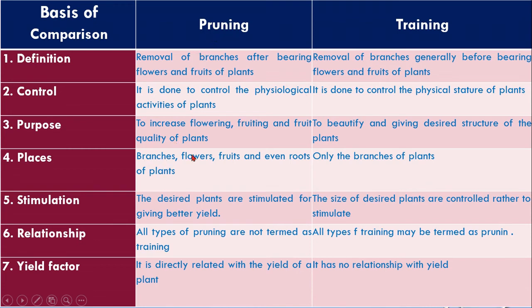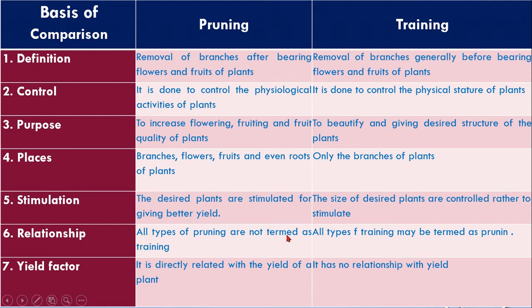We can do pruning on the branches, flowers, fruits, and sometimes even roots of the plants, and training only on the branches. The desired plants are stimulated for giving better yield. But in training, the size of desired plants is controlled rather than stimulated. That means it is only for beauty, so the plant looks beautiful.